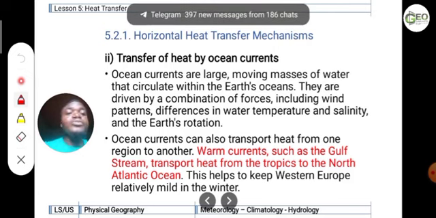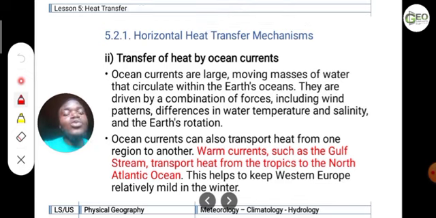Now, there are two major types of ocean currents: cold ocean currents and warm ocean currents. The cold ocean currents are responsible for the transfer of heat from the cold regions of the world, the polar regions, towards the equatorial regions, which are hot, while the warm ocean currents are responsible for the transfer of heat from the hot regions of the world, the tropical or equatorial regions, towards the polar regions.